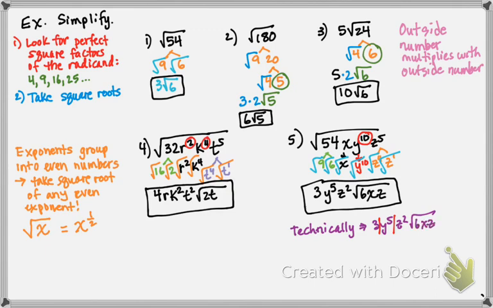z. Okay, so technically we should have radicals. So basically it boils down to this.